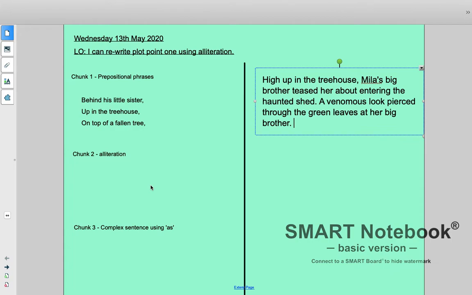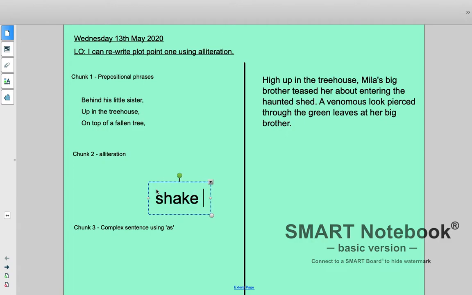And I thought that we could use, so when you're nervous, you shake, don't you? So I thought we could use some alliteration around shaking.